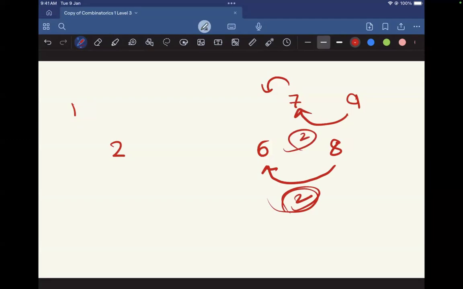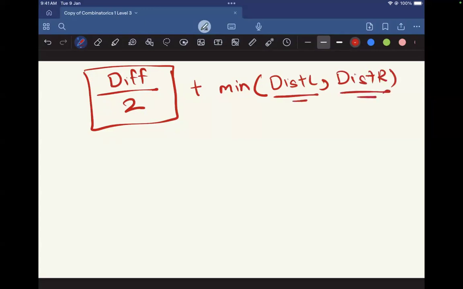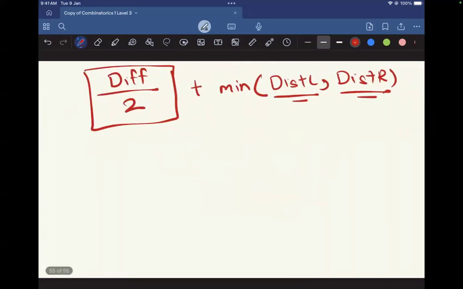So after performing all the possible moves, do you agree that the time required to catch David is still the minimum of distance left, comma, distance right? Yes or no, guys? Earlier I calculated distance left and distance right. Since this still remains constant, I would be adding that to my answer. Exactly.